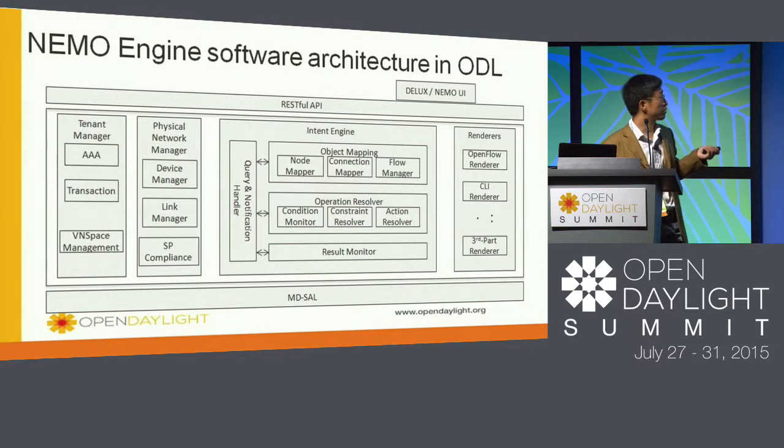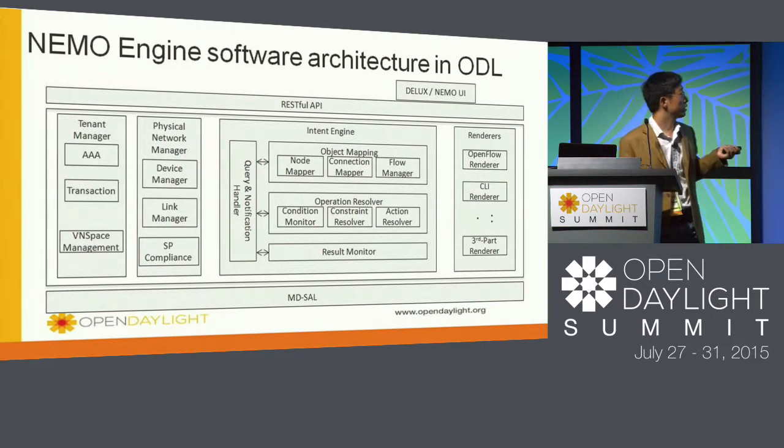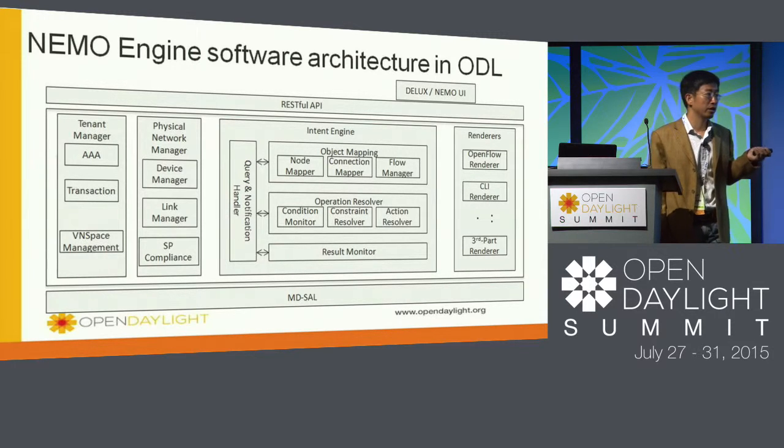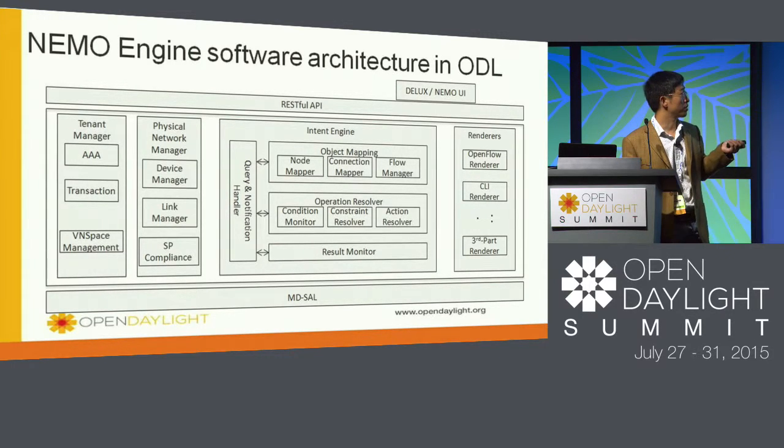When in the physical network there is some error, some link down, or something changes, we need to notify the intent engine to change the mapping to deploy the new service, or sometimes even notify the customer.